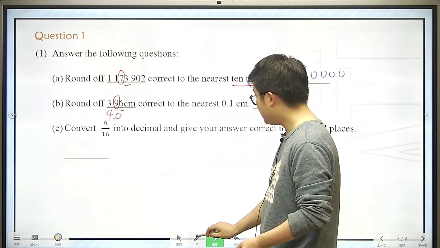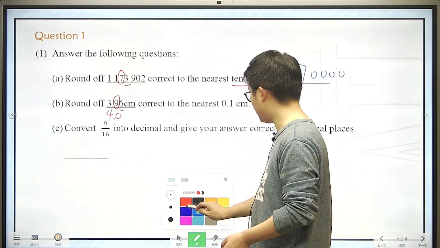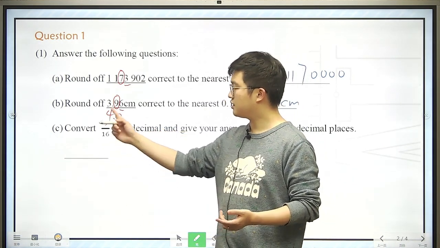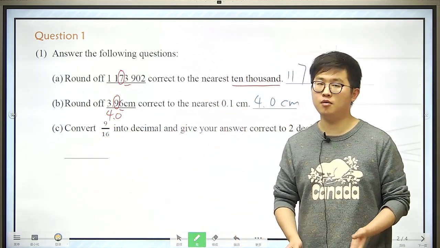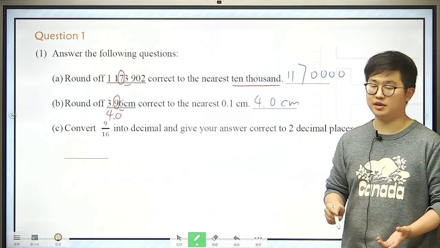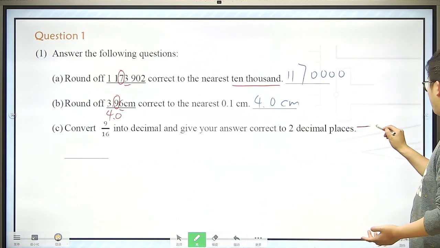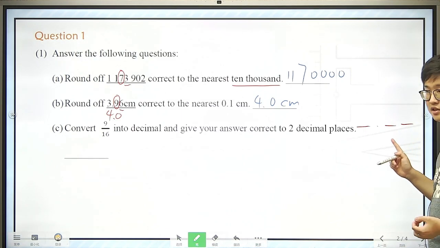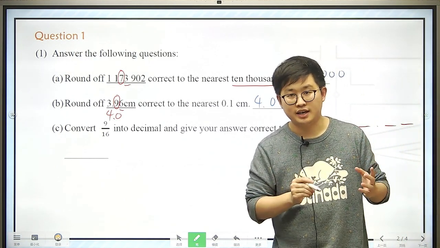Okay, so question number 3. Here we got a fraction, 9/16. Convert it into decimal form and give our answer correct to 2 decimal places. That means point something. All right, 2 decimal places. Now, there are 2 ways to do this.